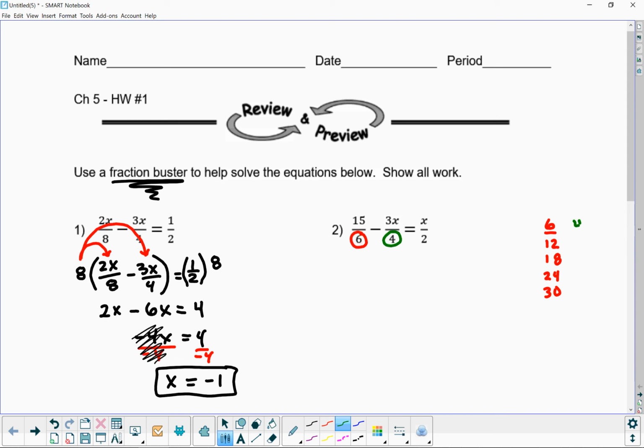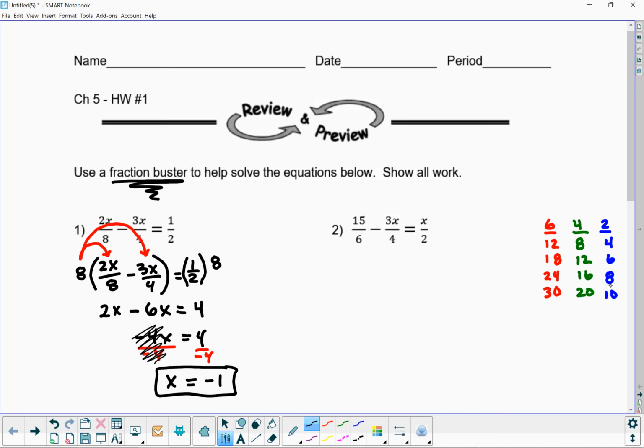Multiples of 4 are 4, 8, 12, 16, 20. And the multiples of 2 are 2, 4, 6, 8, and 10. So multiples of 6, 4, and 2 are right there. So that means that I'm going to multiply both sides by the lowest, or the least common multiple. And if I look at all of them, let's see.